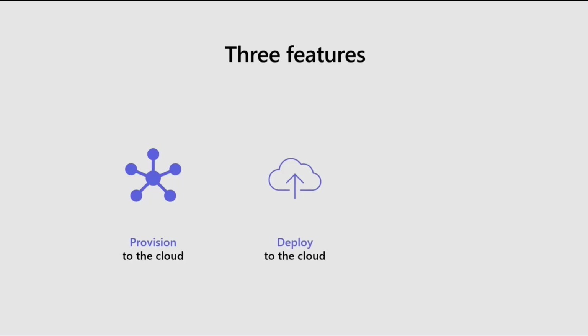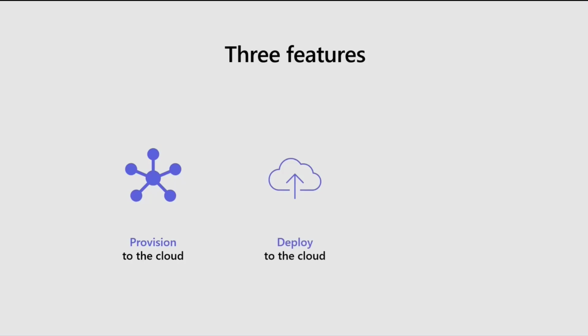So there's 3 features that Teams Toolkit helps us with. The first feature is provisioning to the cloud. This feature basically makes it easy for you to deploy the required cloud infrastructure resources that's needed to host and run your app. We have deploy to the cloud.